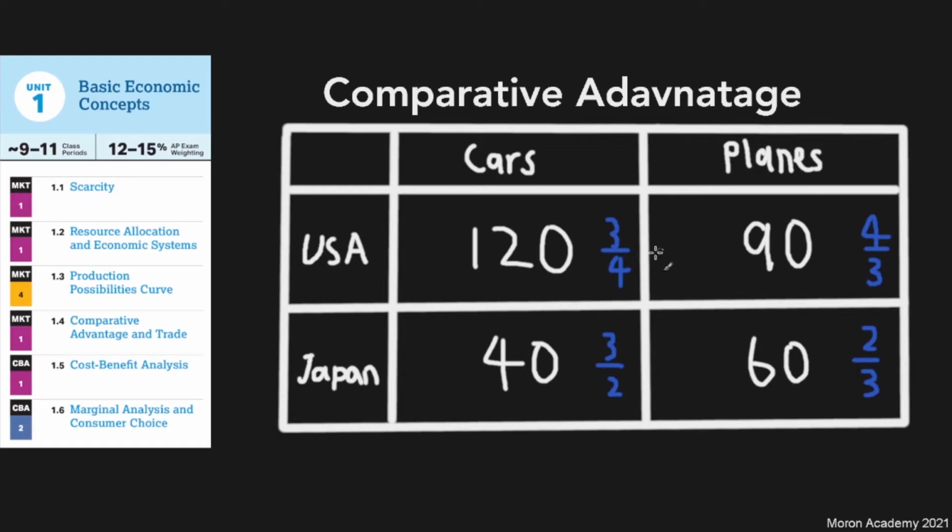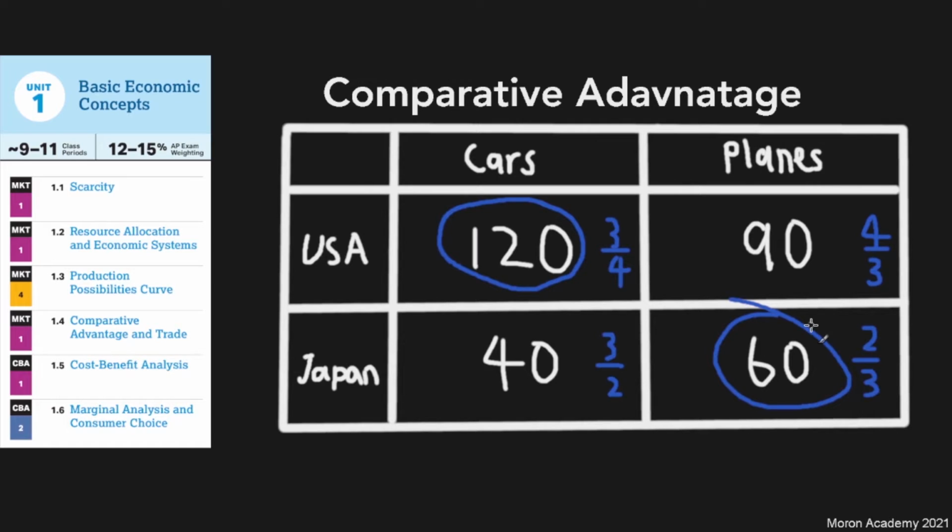So remember, you'll be choosing a square from this side, and the other one has to be the one diagonal from that one. So it can either be this combination or this combination. So obviously, if we look here, 4/3 and 3/2 are both numbers over 1, and these are both numbers under 1. So it has to be this and this. What this means is the USA should specialize in cars while Japan specializes in planes. That is what comparative advantage is.